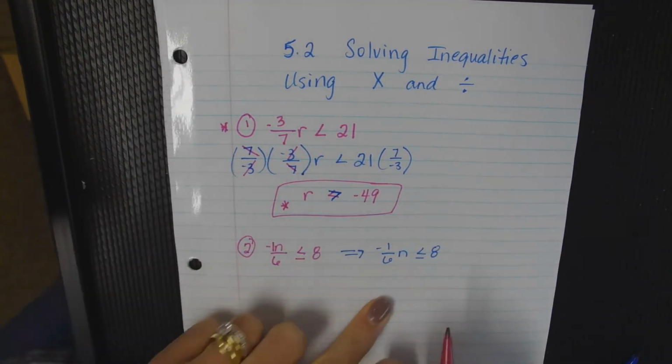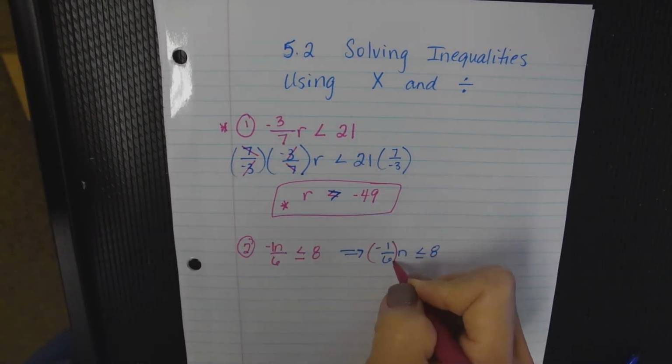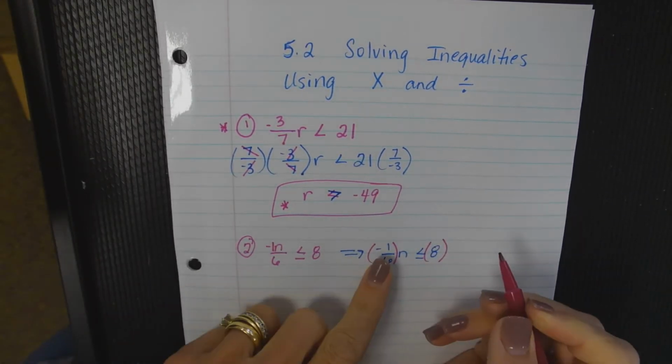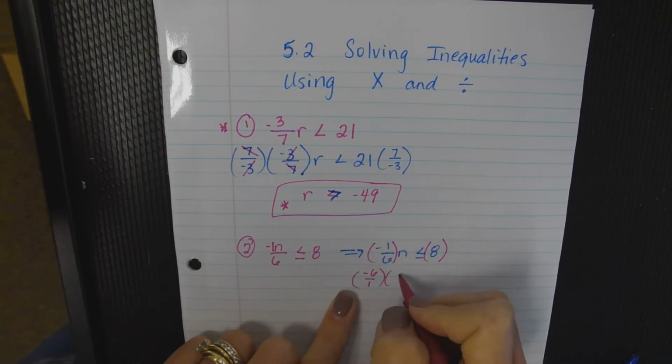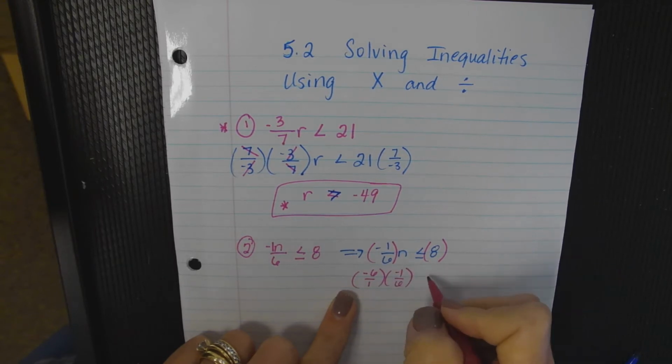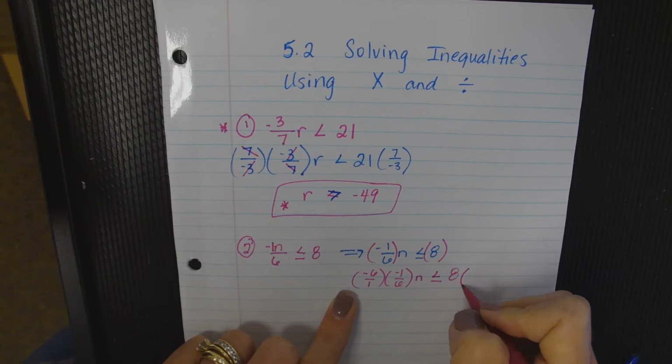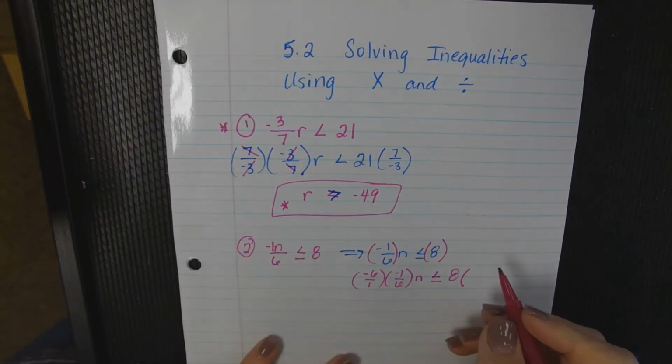Now we can multiply by the reciprocal. -1/6 is simply -6/1. So n less than or equal to 8 times, what you do on one side, you do on the other.